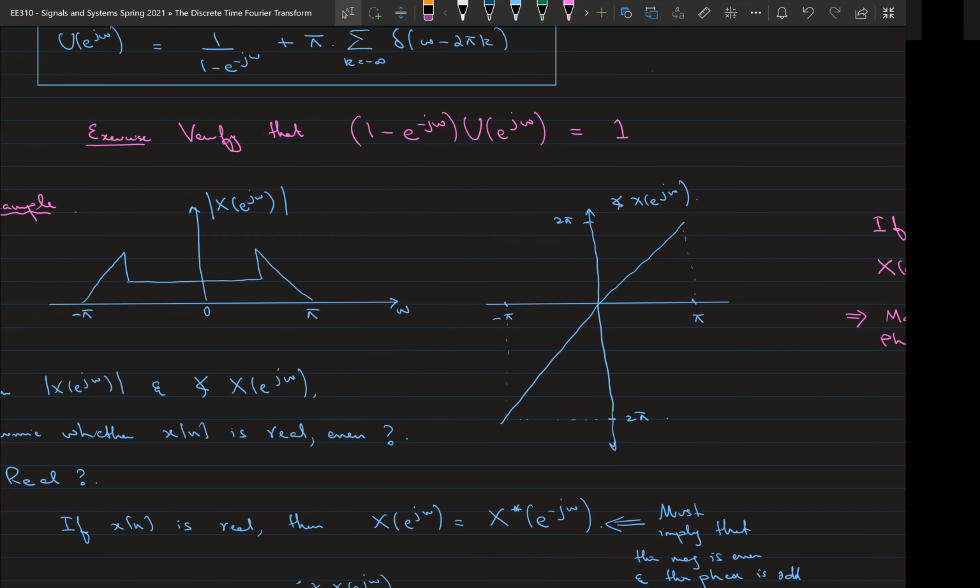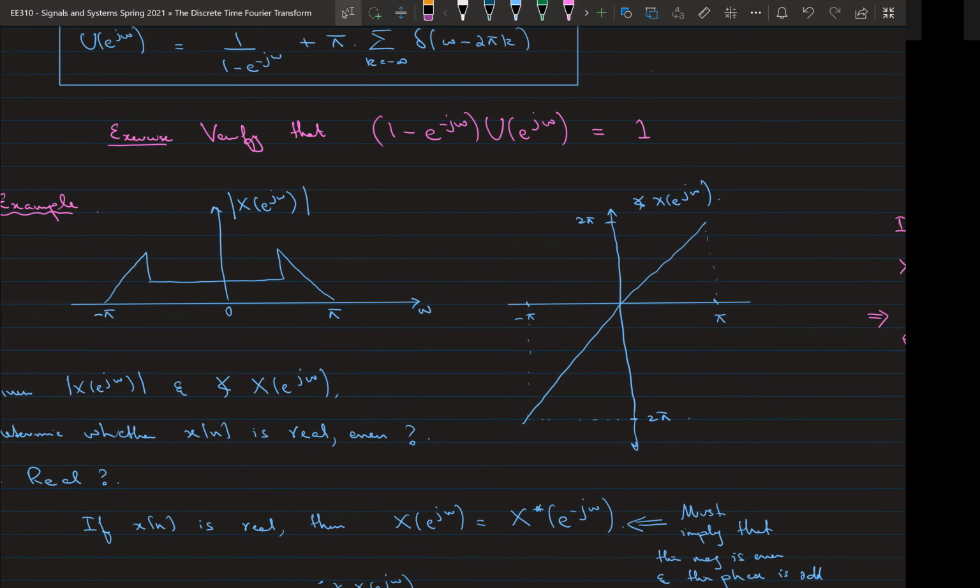Student: Sir, you said that X(e^{jω}) is complex, how did you say that? Sorry, which one? This X(e^{jω})? Yeah, the graph is clearly complex because it has a phase which is non-zero.